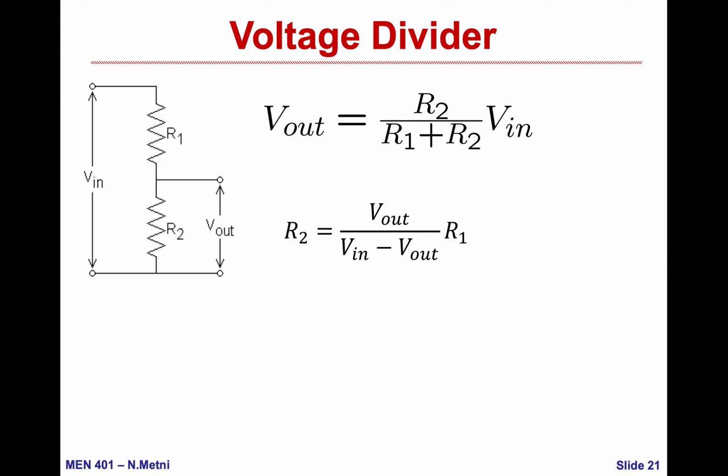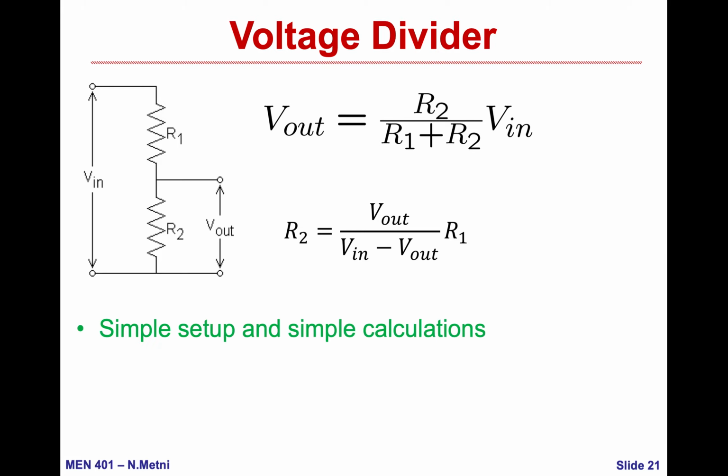Vn and R1 are fixed, and I will get R2. So I will know exactly what is the change of resistance of this sensor, and from the calibration curve, I can know what is the temperature, the pressure, the light, or the displacement, what have you. Okay, so this is the case of the voltage divider.